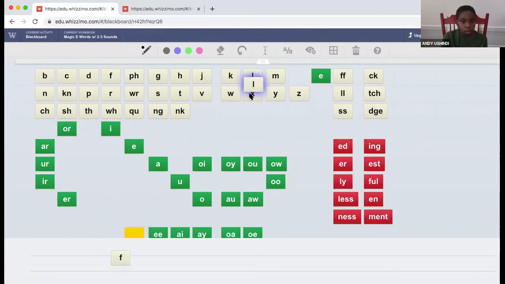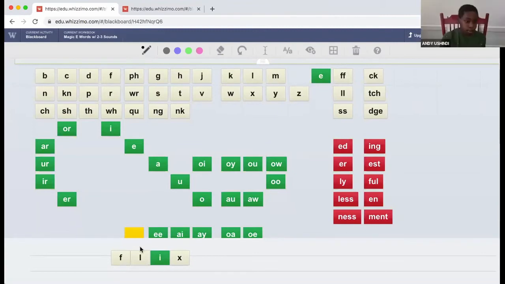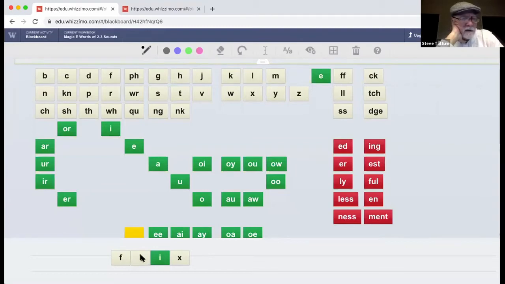Good. Okay, make it flex. Echo. Flex. Say each sound a little louder so we can hear you.